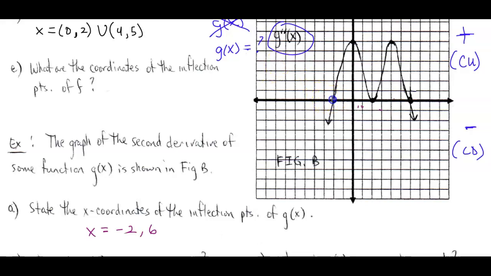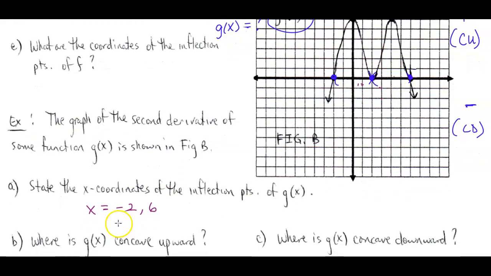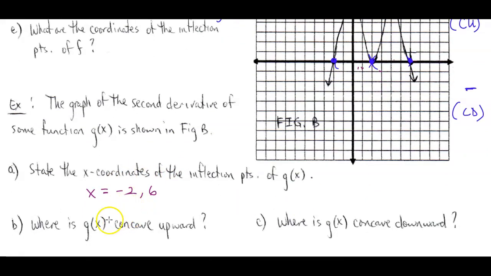So it starts from here, keeps on going till it gets to x equals 2. So everywhere in between here. And then it starts again right after x equals 2 and keeps going on till we get to x equals 6. So here, if we want to write the answer to that question, x will start at x equals -2, keep on going until it gets to 2. And then afterwards, we'll go from 2 on to 6, okay?